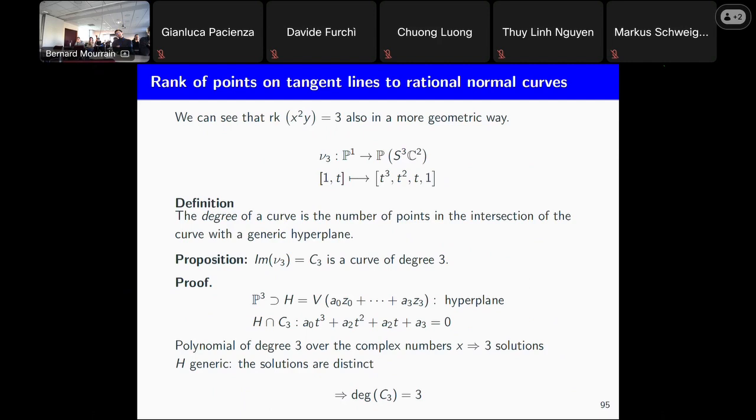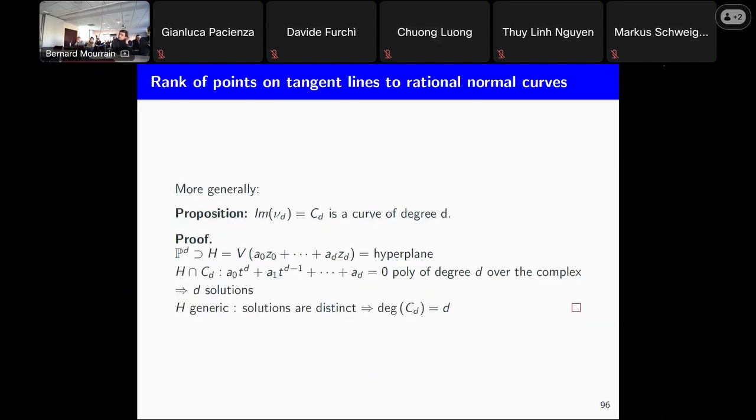And the way you do it, you just intersect any hyperplane with the curve, and you end up with a polynomial of degree 3 in one variable. And so if it's generic, it will have 3 distinct solutions.